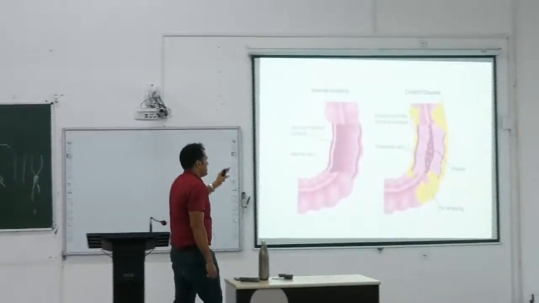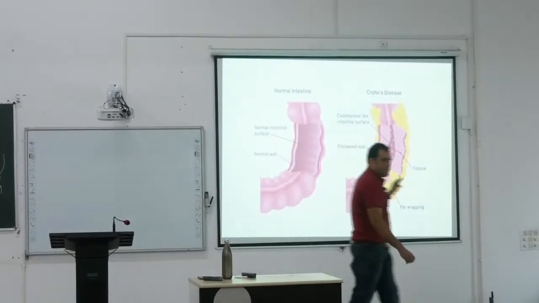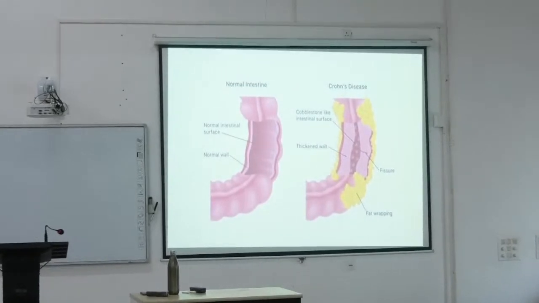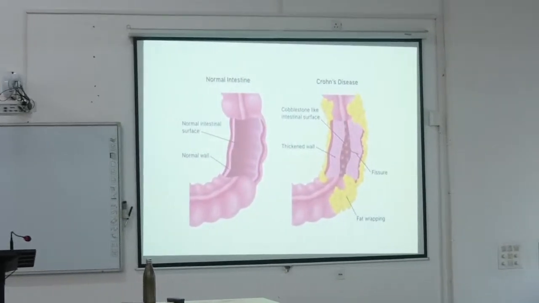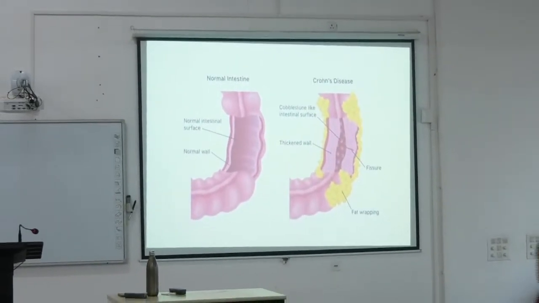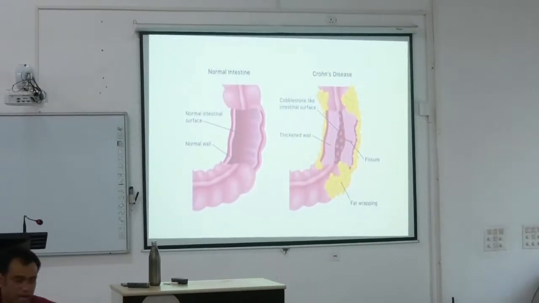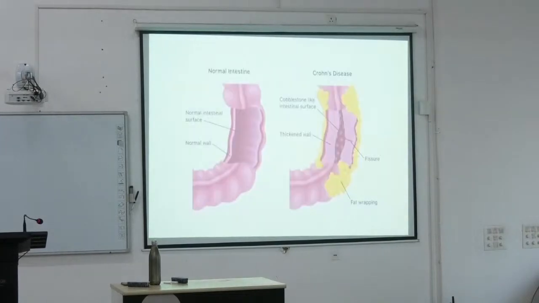If you compare a normal intestine, to your left, and the diseased intestine in Crohn's disease, to your right, you can make out how thick the wall is, and look at the cobblestone appearance.